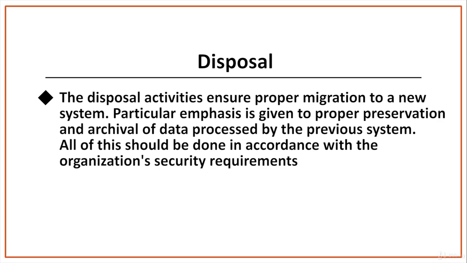The disposal activities ensure proper migration to a new system. Particular emphasis is given to proper preservation and archival of data processed by the previous system. All of this should be done in accordance with the organization's security requirements.